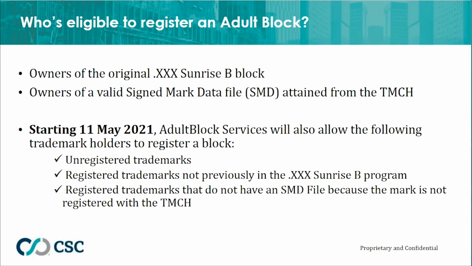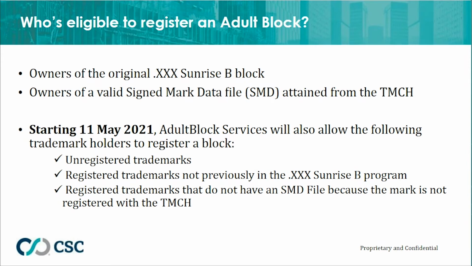Those existing Sunrise B registrations and original blocks can now be converted into an adult block mechanism instead. So you can take coverage from one TLD, the XXX, into covering all four if you had that original block.